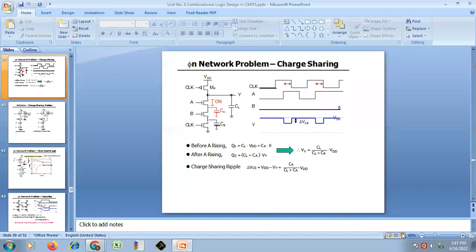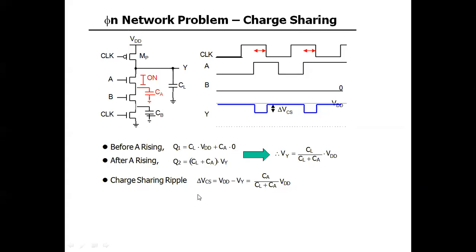Clear? So it's the capacitance associated with this A NMOS, it's CA, and CL is the load capacitance. So by using this CA divided by CL plus CA into VDD, you can get the charge sharing.